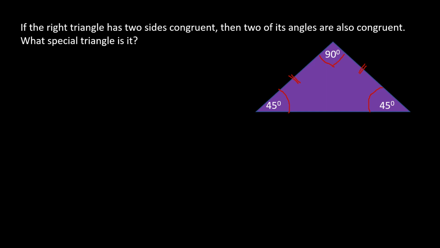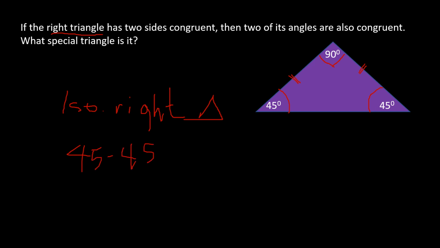That's why it is called a right triangle. So it is called an isosceles right triangle, or 45, 45, 90 triangle.